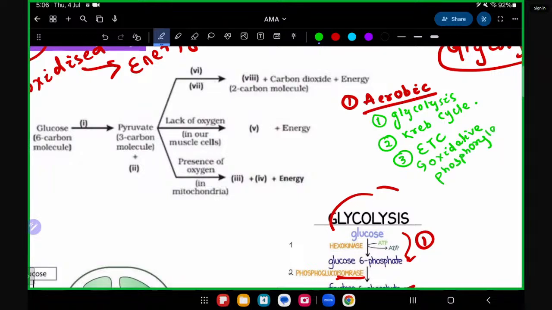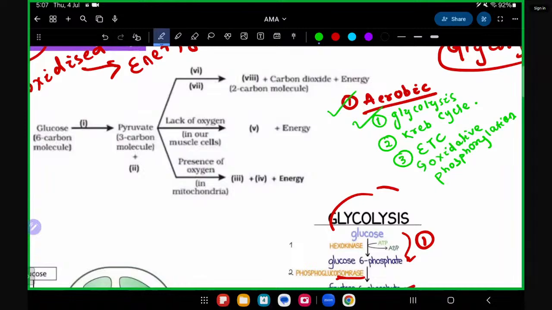That means here NADH2 and FADH2 molecules will generate ATP. So first, glucose is converted into pyruvate during glycolysis. Then the pyruvate produces carbon dioxide and water along with energy. It is aerobic respiration.